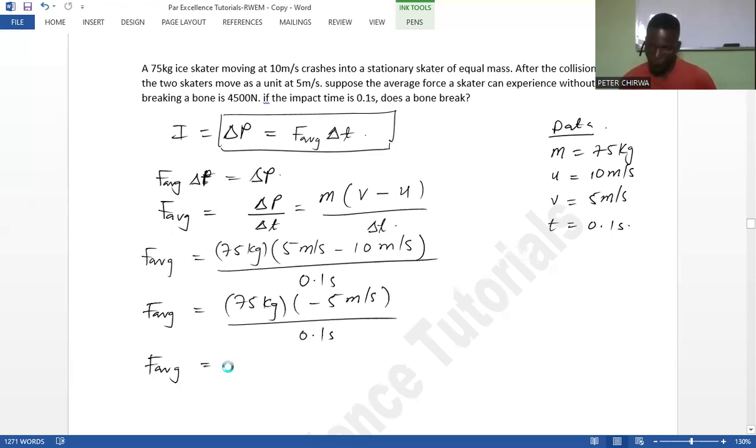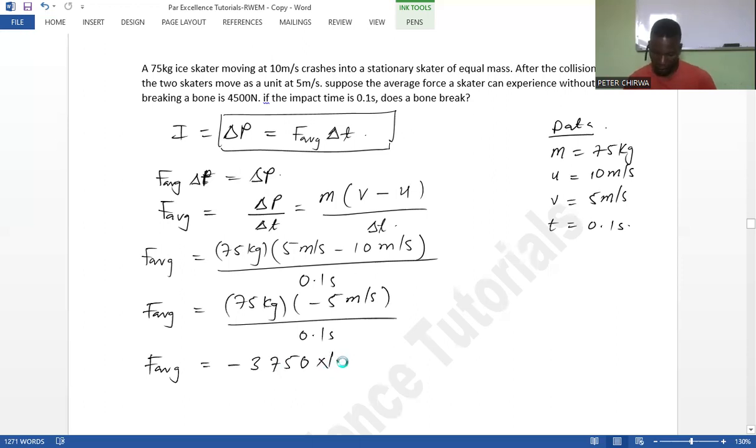So the average force is going to be negative 3,750 Newton.